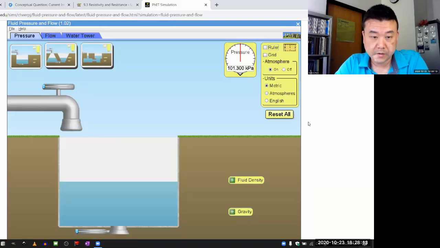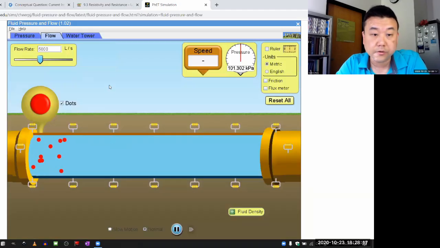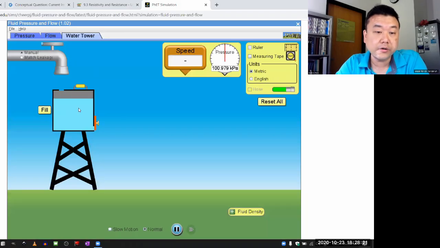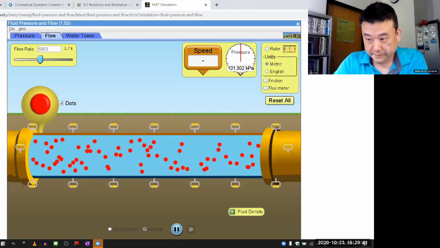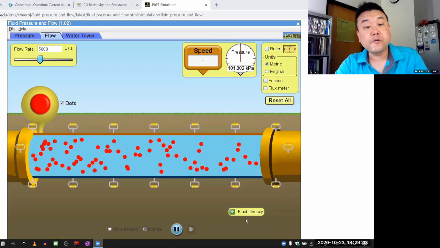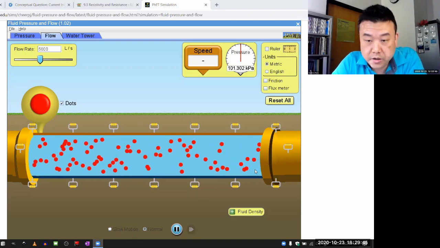So I think it's this simulation that I had mostly in mind, although with the water tower, there are lessons you can draw in terms of how pressure or the height difference matches the voltage. But it's the flow one that I want to talk about the most. All right, so this is the fluid flow simulation.